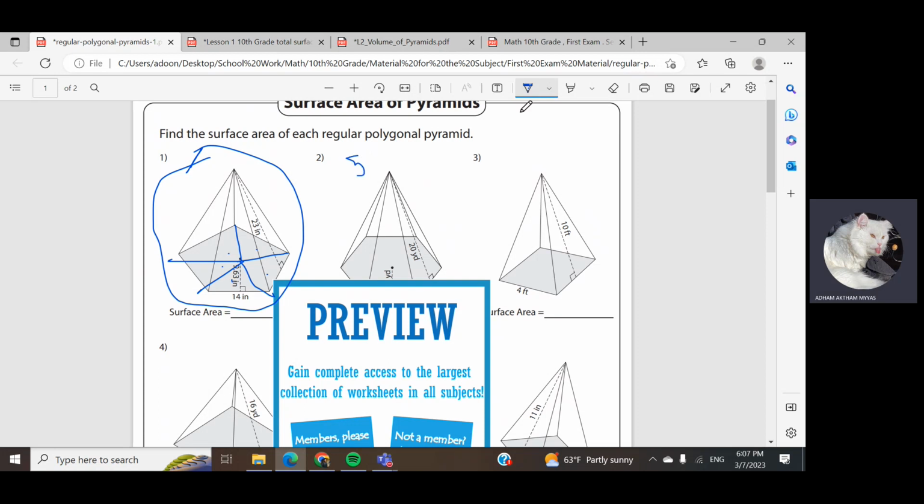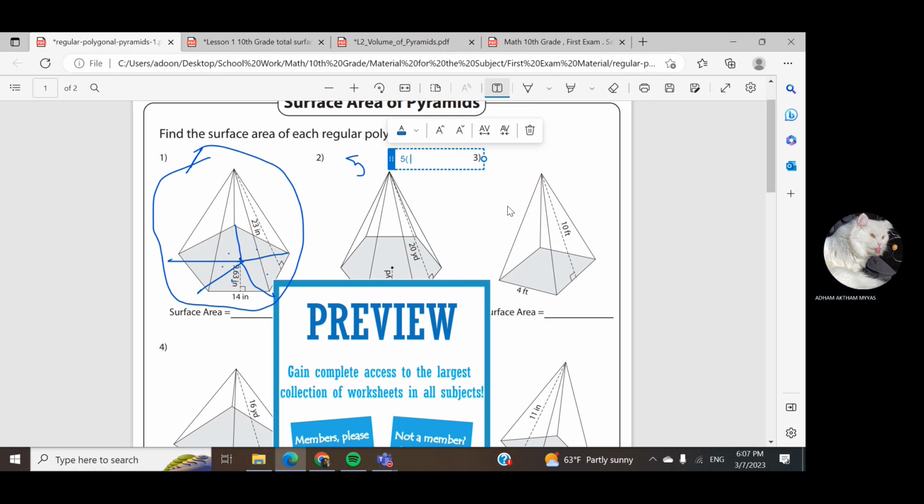So 5 multiplied with 0.5, it's half. What's the base here? It's 14. What's the height? The height here is 9.63. So that's the base area.